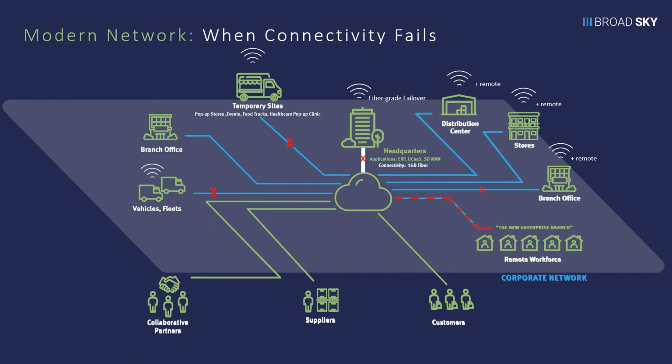It's decreasing productivity. At temporary sites, we want to be there for 3 days. We need a minimum of 50 meg on the upload side to broadcast what we're trying to do, but we don't want to sign a 3-year contract. We don't want to be locked into a long-term agreement when we're just there for a weekend, right? And with fleets and vehicles, connected devices are more powerful than ever.